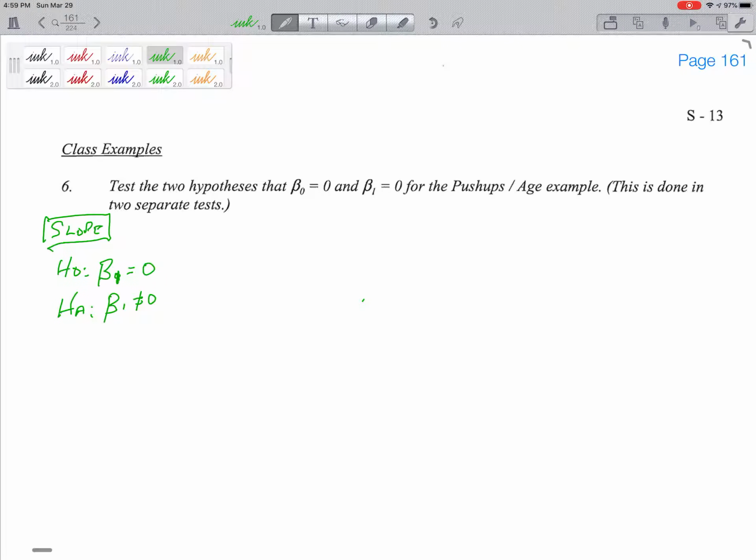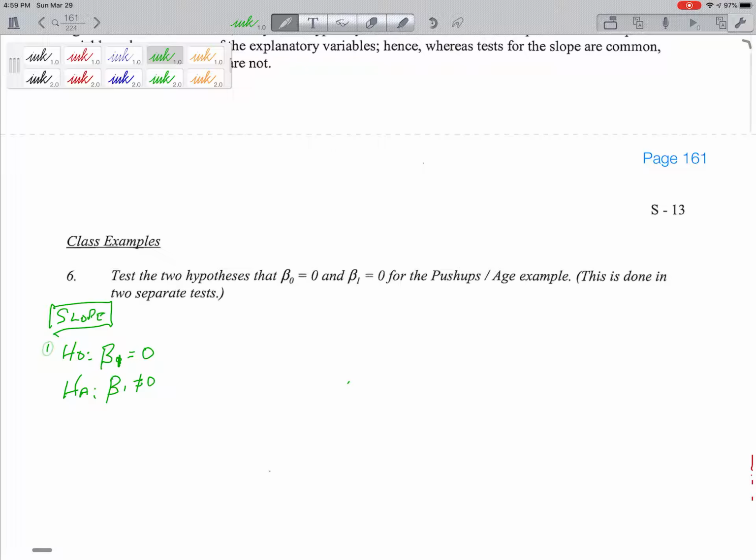I would expect that there would be a negative relationship. Of course, I know that we've already calculated the coefficients in a previous lesson, but let's pretend that we haven't. So if I was just starting this over again, this is what I would do: that they're not equal to 0. So that's step number 1.